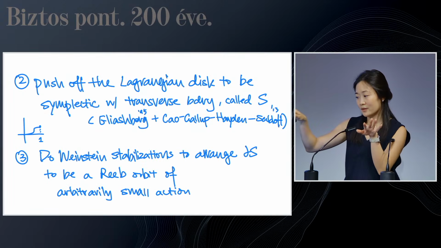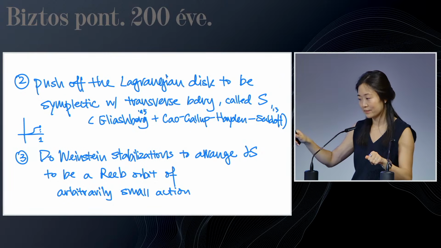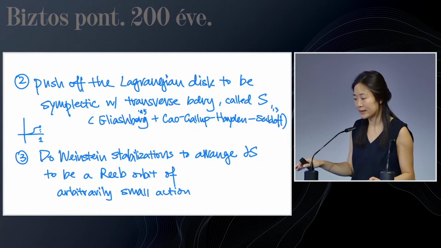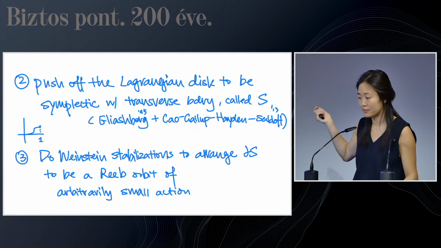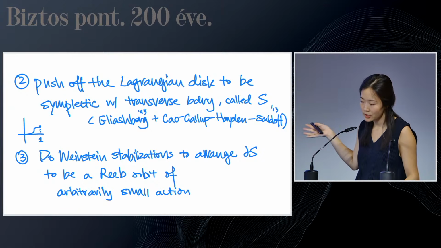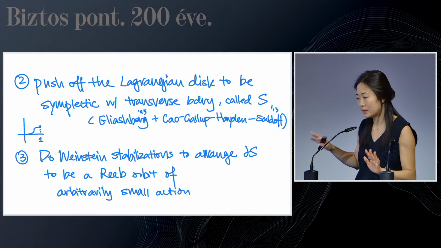So now you have the symplectic disk, called S, with transverse boundary, denoted by this ∂S. We can do Weinstein stabilizations to arrange this ∂S to be a Reeb orbit of arbitrarily small action. So what we actually do here is we arrange this transverse knot ∂S to be a binding component.